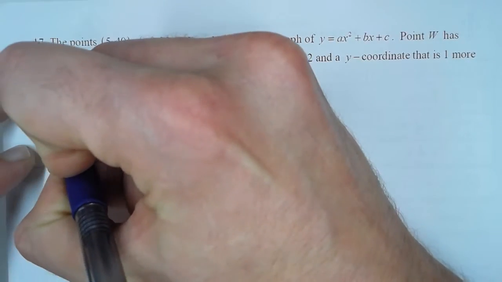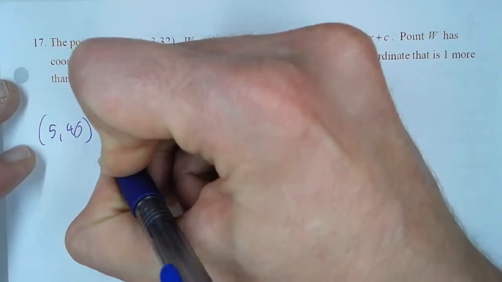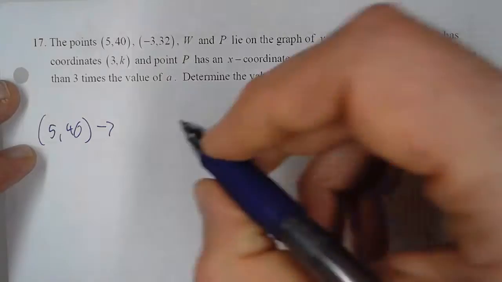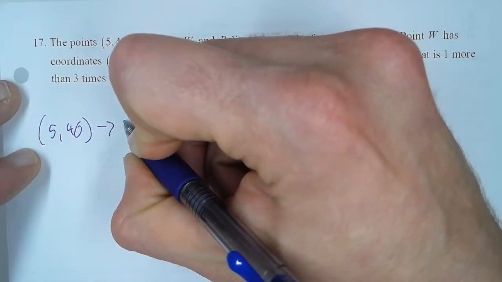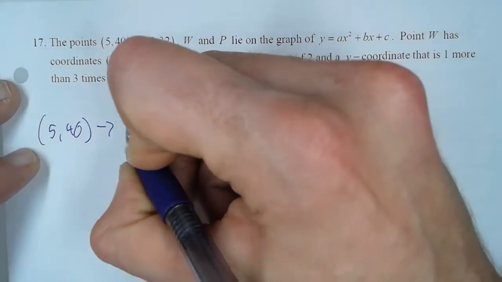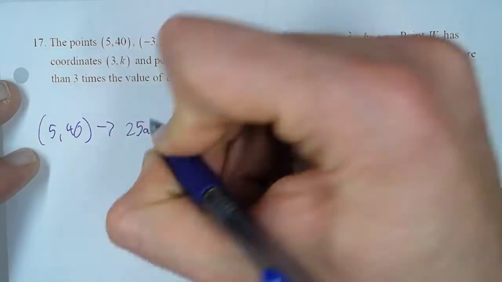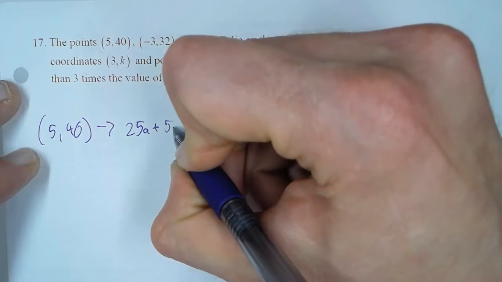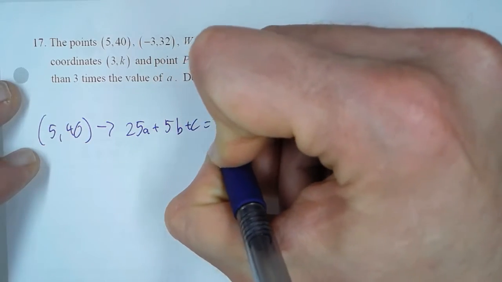Alright, they tell us that it passes through the point (5, 40). So, let's substitute 5 in for x and 40 in for y into this equation. 5 squared is 25a, plus 5b plus c equals 40.